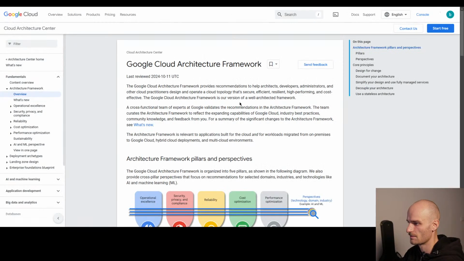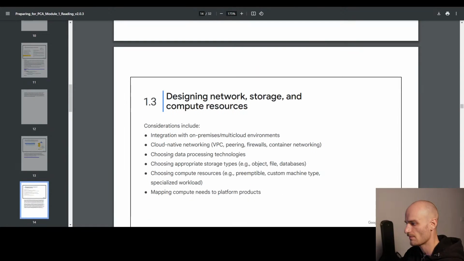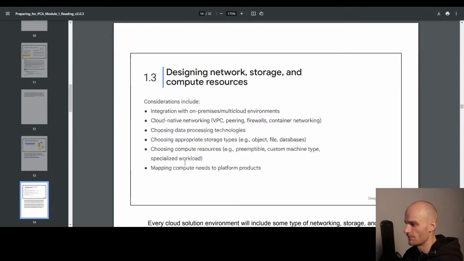Let's see. Oh, it's the same. They're kind of redundant.